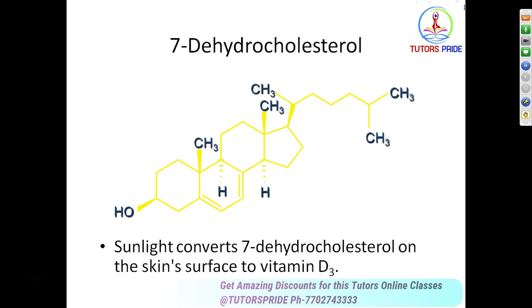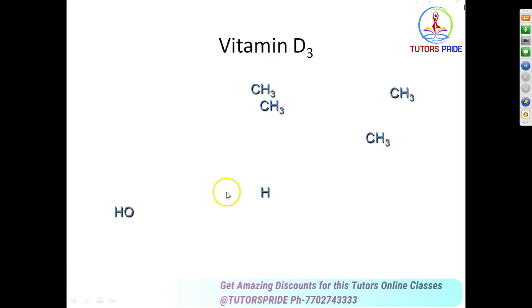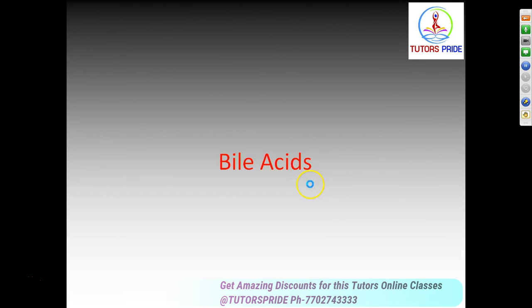Then vitamin D3 will be hydroxylated at the 25 position to form 25-hydroxyvitamin D3, and finally it will form 1,25-(OH)2 D3, calcitriol. That is how it is synthesized. So this is about vitamin D3, as we have studied.